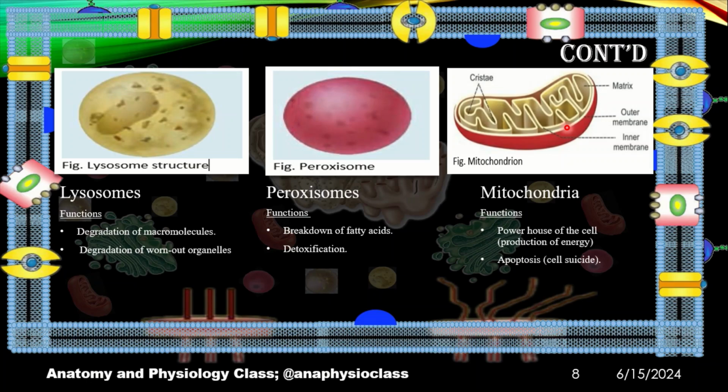It is also known as cell suicide, when a cell is not capable of functioning very well. So apoptosis will now be activated. The activation of apoptosis is under the control of mitochondria, and it plays a very important role in that cell suicide or programmed cell death.